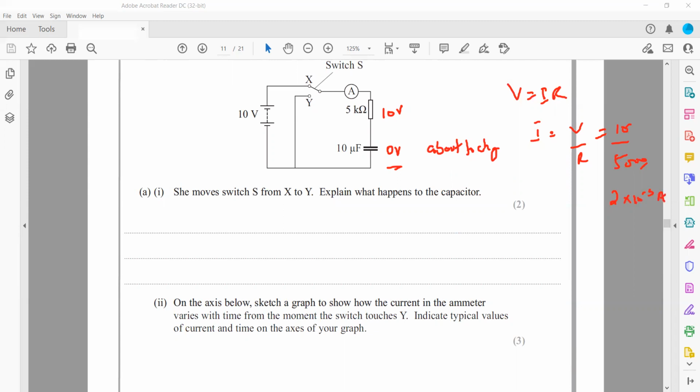And when we label the axis, we can work out the time constant. The time constant is R times C. R is the resistance here, which is 5000, and C is the capacitance of this capacitor, which is 10 microfarad.